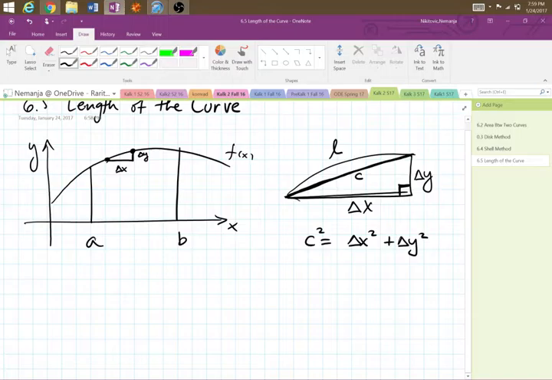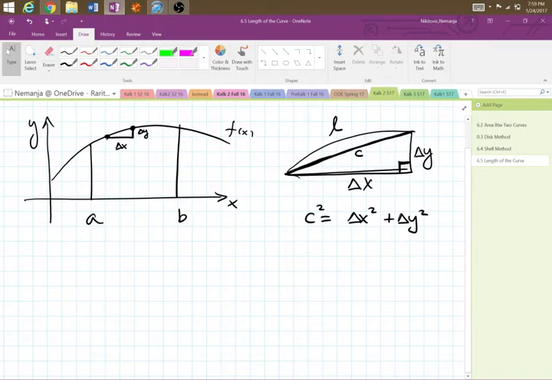Now, because these two are very close in length, we know that by making delta x smaller, letting certain things go to infinity, we get the exact length. So I can solve this little piece c as the square root of delta x squared plus delta y squared.